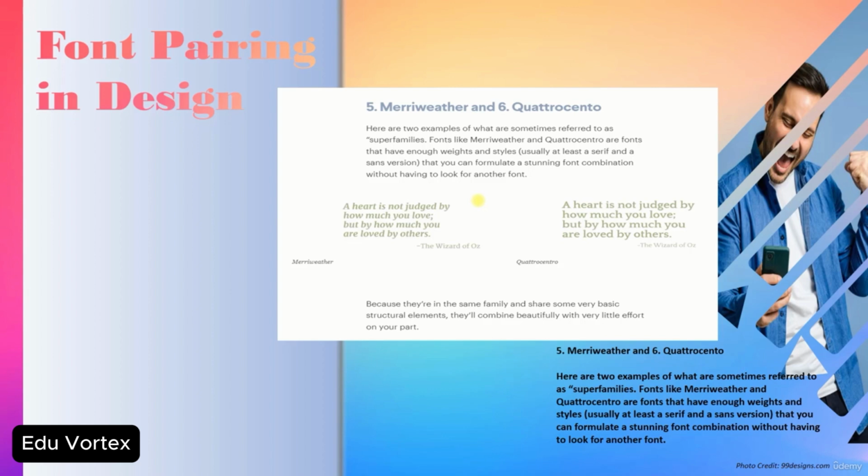Fonts like Meriwether and Quattrocento are fonts that have enough weights and styles, usually at least a serif and a sans version, that you can formulate a stunning font combination without having to look for another font.